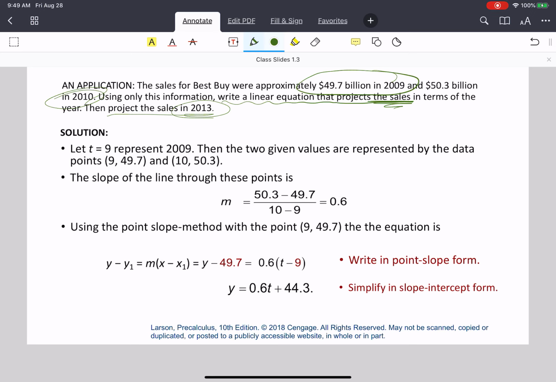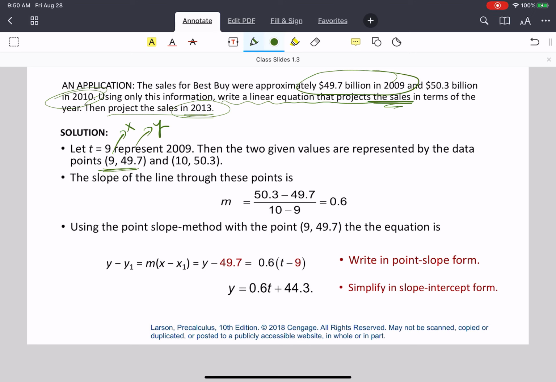So then we're going to say let t equals 9 represent 2009. Then the two given values represented by the data are 9 comma 49.7, because this will always be x and y, and then 10 comma 50.3.